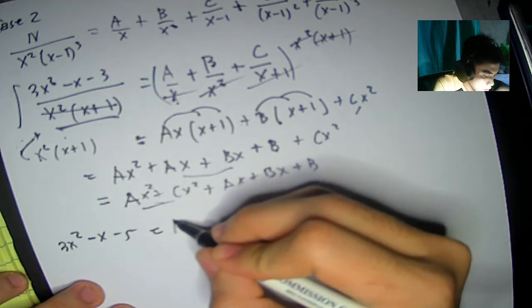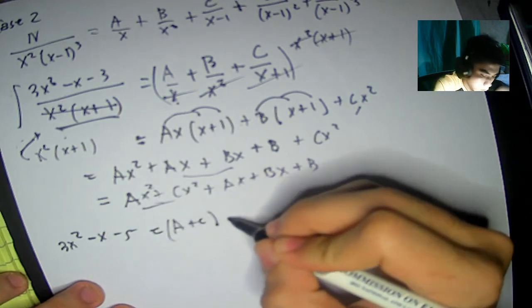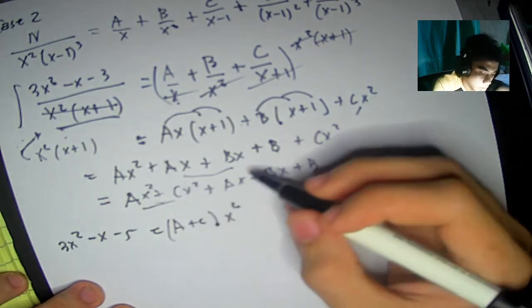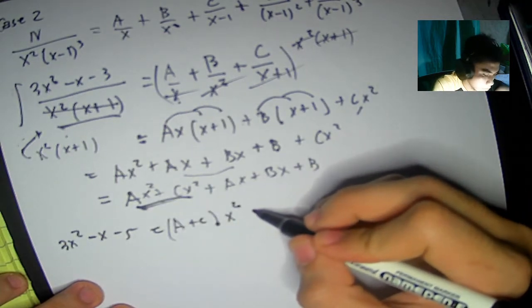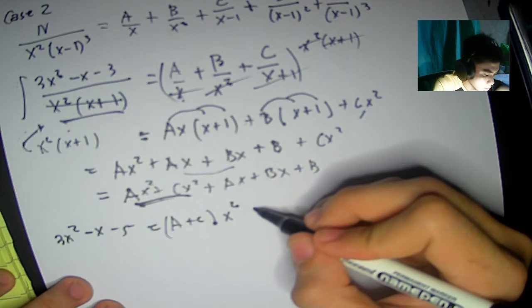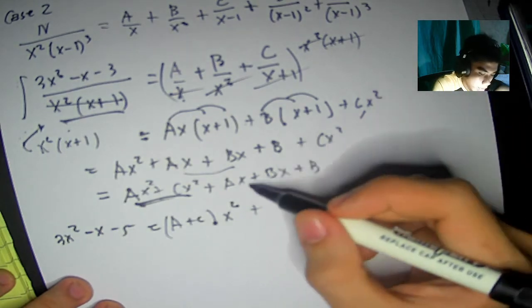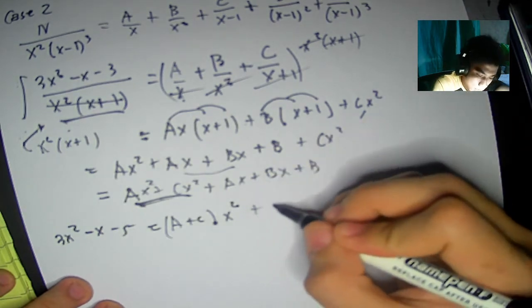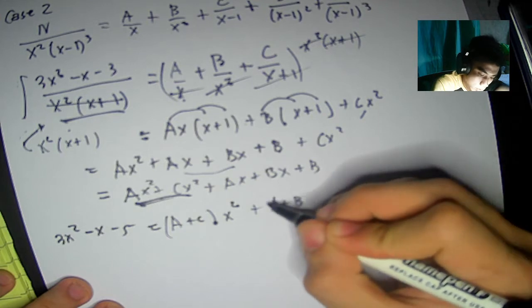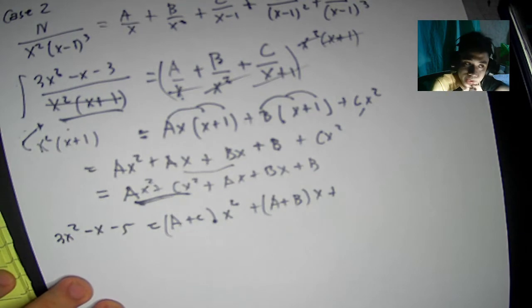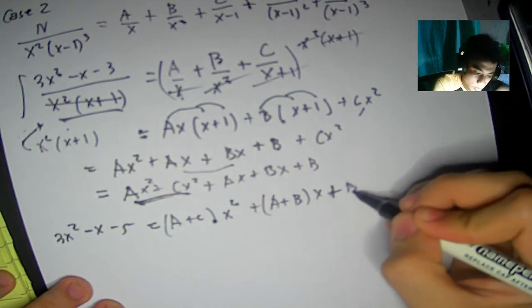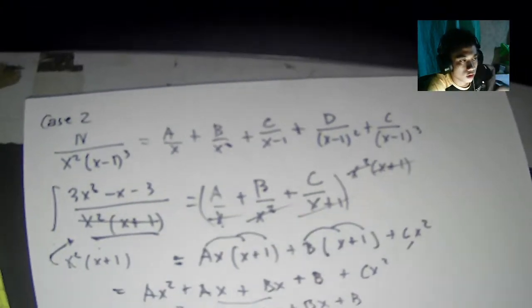So a plus c multiplied by x squared is equal to these two. Then ax and bx is simply a plus b multiplied by x, plus b, the numerical coefficient of 1.